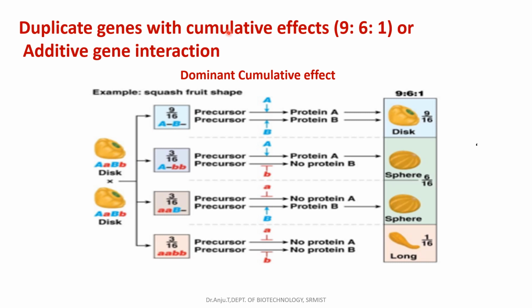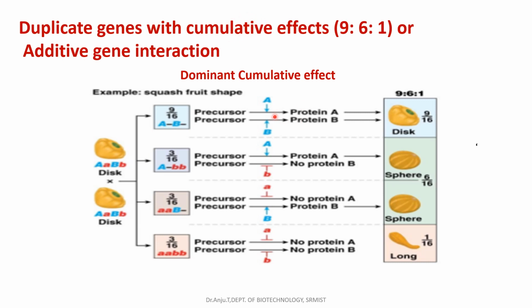But here, when both genes are working together, we are going to have an increased effect, that is an additive gene interaction. That is why it is called cumulative or additive effect.